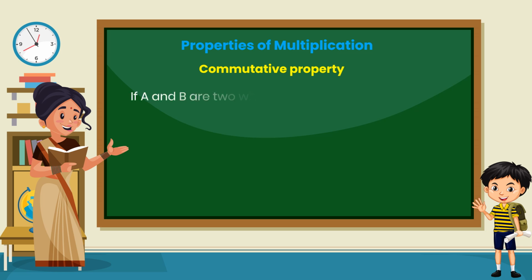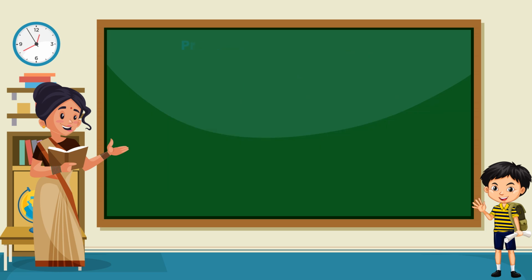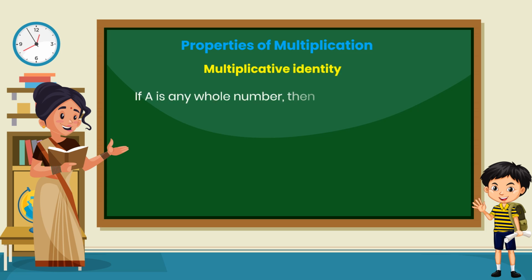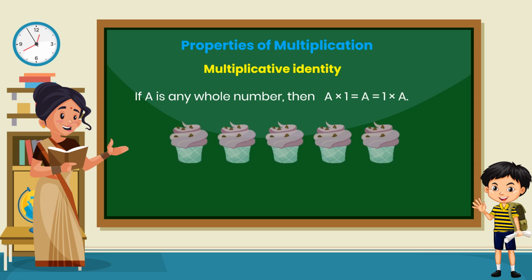If A and B are two whole numbers, then A multiplied by B equals B multiplied by A. Multiplicative identity. If A is any whole number, then A multiplied by 1 equals A equals 1 multiplied by A. 1 multiplied by 5 equals 5.